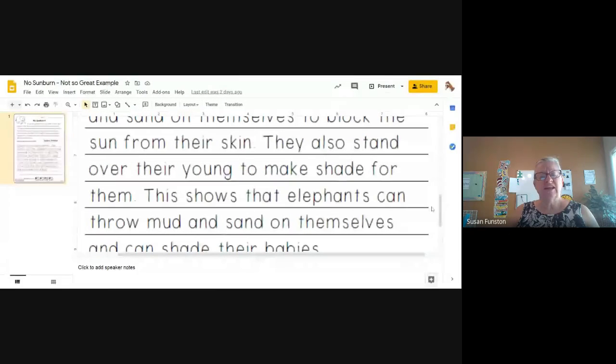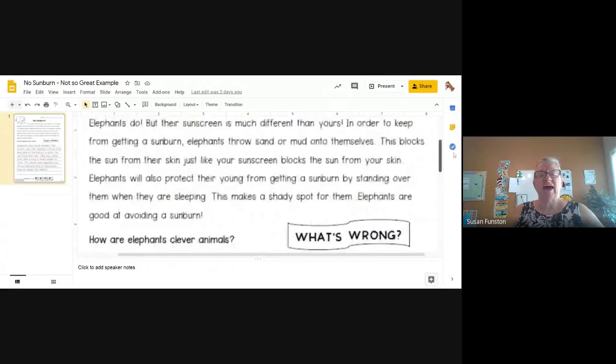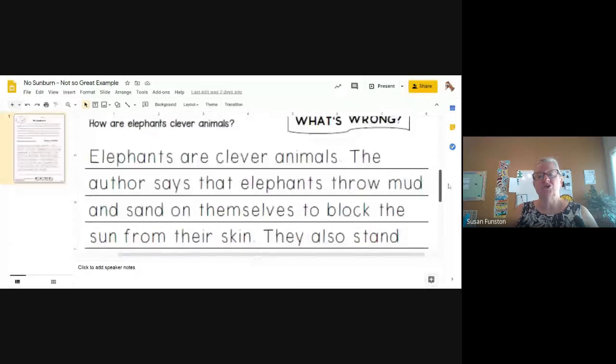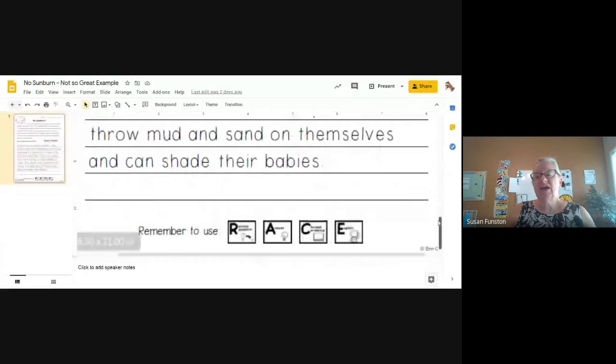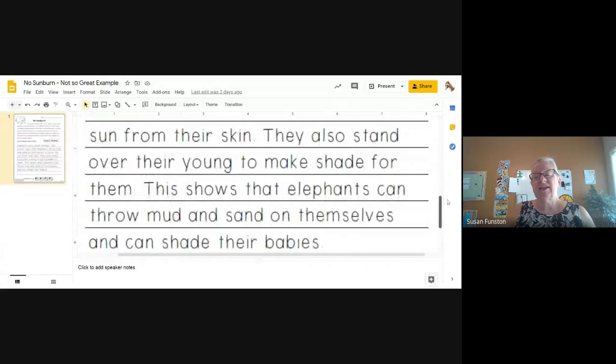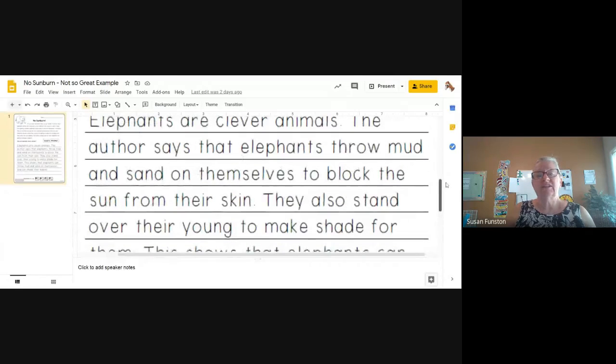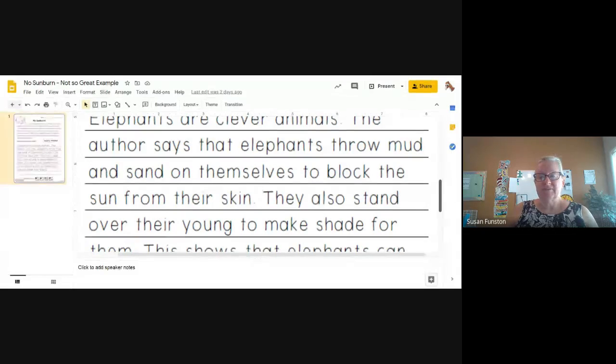It shows us that elephants can do that, but we're trying to show how they are clever. So we should have said this shows that elephants are clever about how they can avoid sunburn. Okay, so this one did really well on citing evidence and restating the question, but needs a little bit of work on answering and explaining.